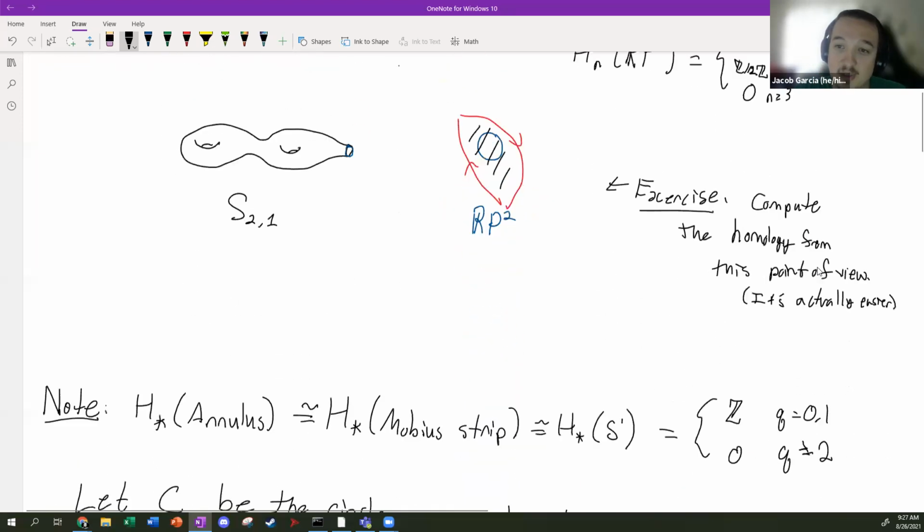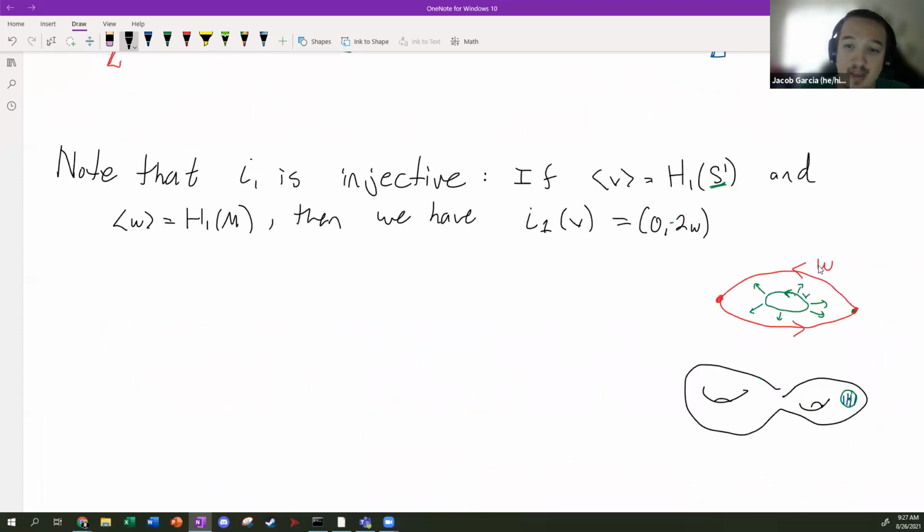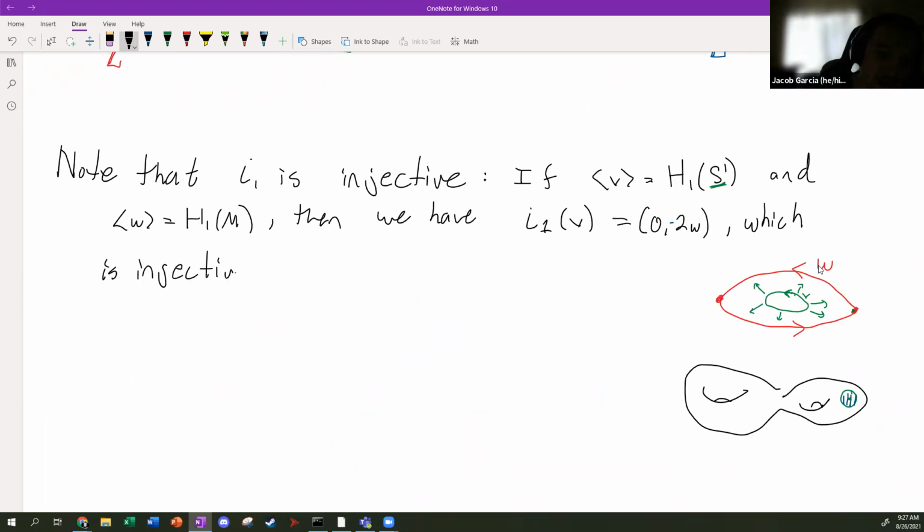So that's what's going to happen. Okay, cool. Anyway, this, which is injective, right? Because this is a map Z to Z4 plus Z, right?